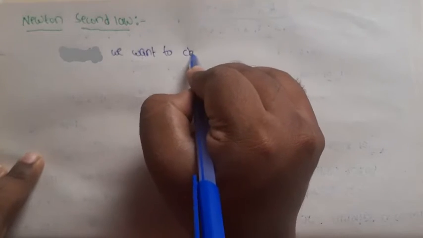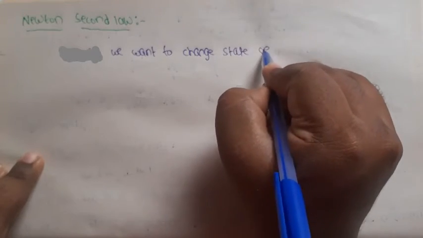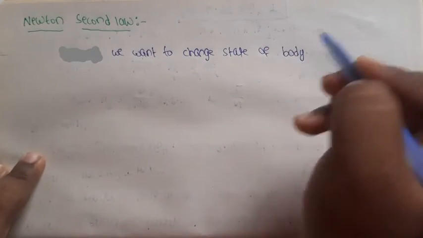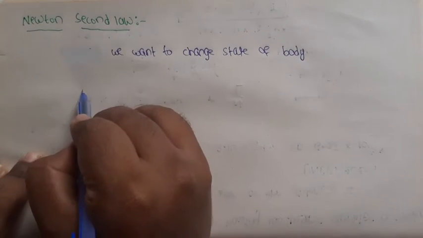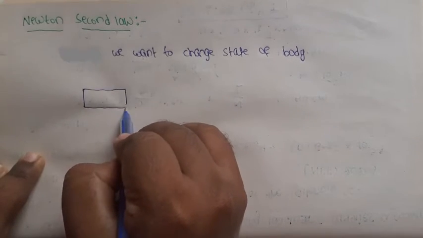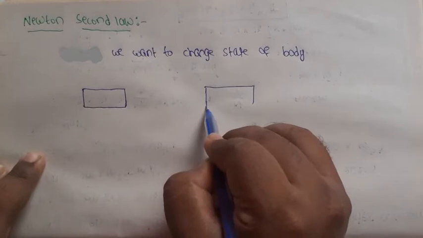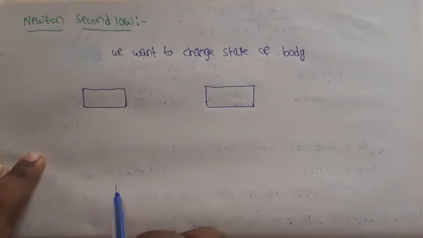But in the case of the second law, we want to change the state of a body. Changing the state of a body means this is a body, initially at rest. I am taking two objects, initially both at rest.